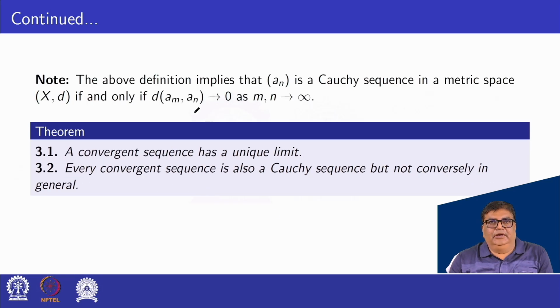That is, d(a_n, a_m) tends to 0 as m, n tend to infinity. Theorem: a convergent sequence has a unique limit. And second, every convergent sequence is also a Cauchy sequence, but not conversely in general.